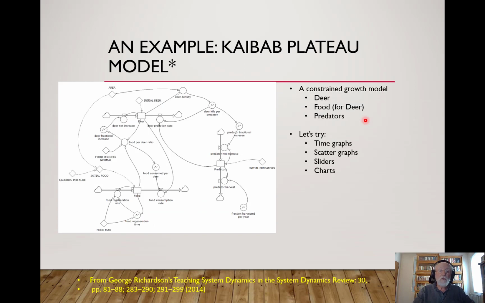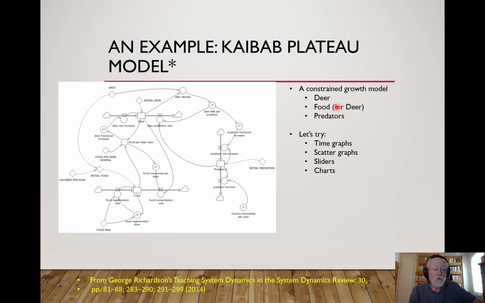Okay, so Kaibab Plateau, that's our sample model. I'm going to go to another screen here and open that up and get it ready. All right, this came from George Richardson's series of articles in the System Dynamics Review, and it's a constrained growth model basically where deer are constrained by food, at least on the growth end, and they're constrained by predators on the end of life end.